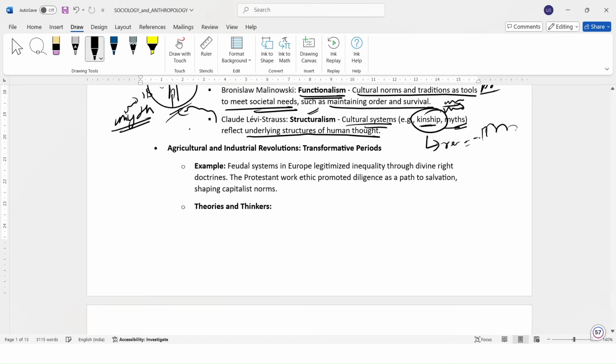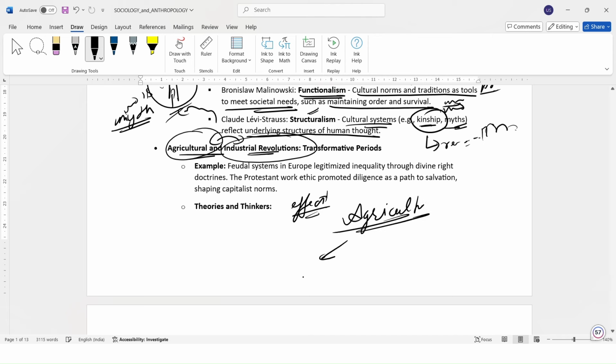Then we see that there were agricultural and industrial revolutions. These are far apart in the timeline, but I have clubbed them together because of the effect they had on society that we'll analyze. When the agricultural revolution came, nomads started to settle. When they started to settle, they needed ownership of land, and when there was ownership of land, there was production and surplus.